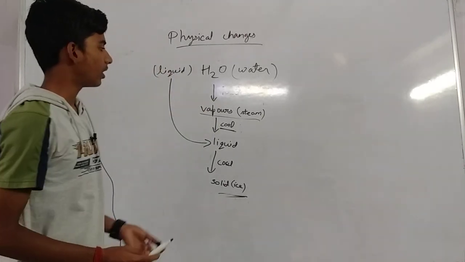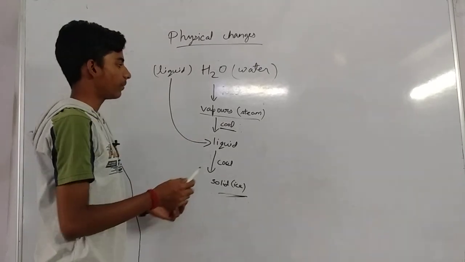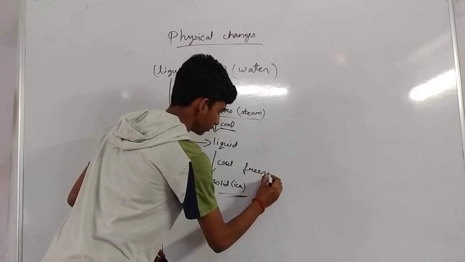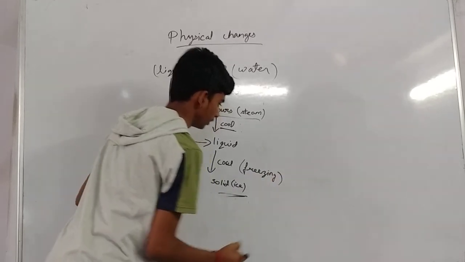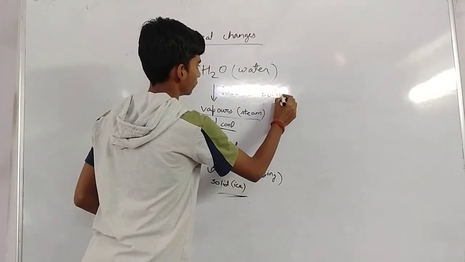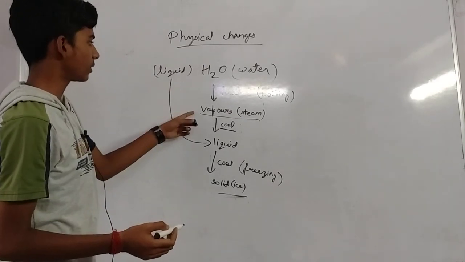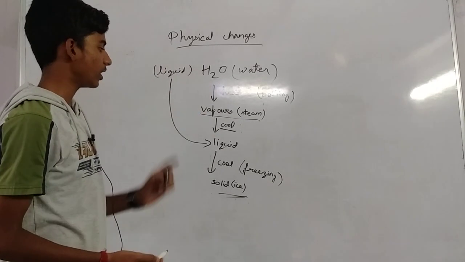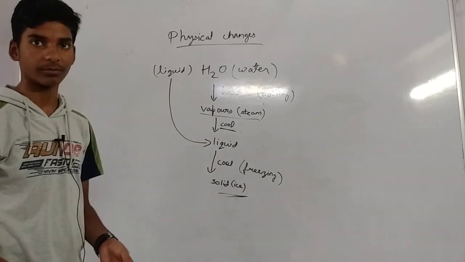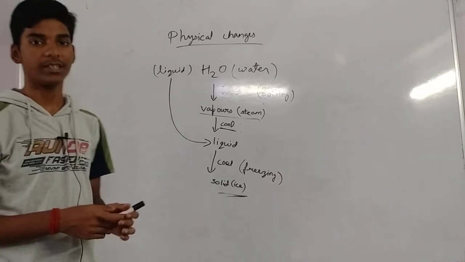So this is nothing but a change of state of matter. This is called freezing and this is called boiling. When on supplying heat we change the liquid state into gaseous state, it is called boiling, and on further cooling, if we change the liquid state into solid state, this is called freezing. So the boiling or freezing of water is nothing but a physical change.